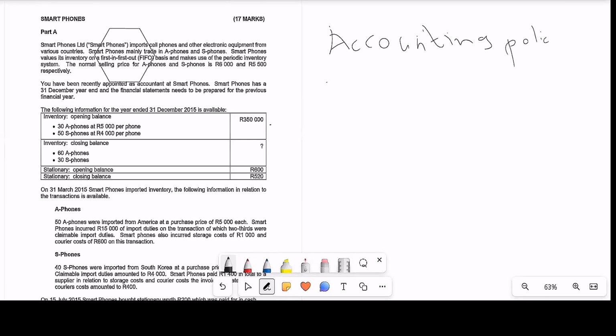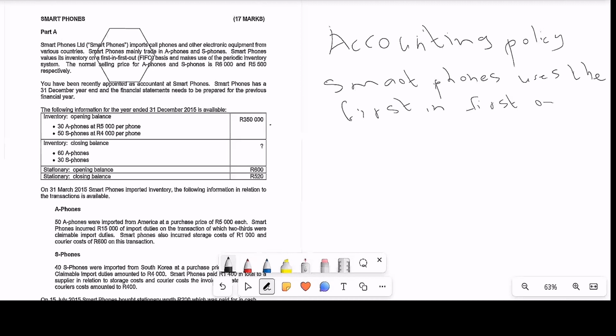We'll say smartphones uses the first in, first out inventory valuation system, and the periodic inventory valuation system.